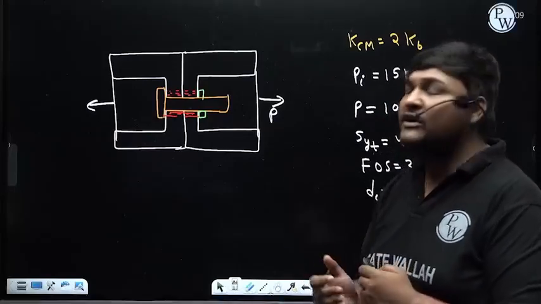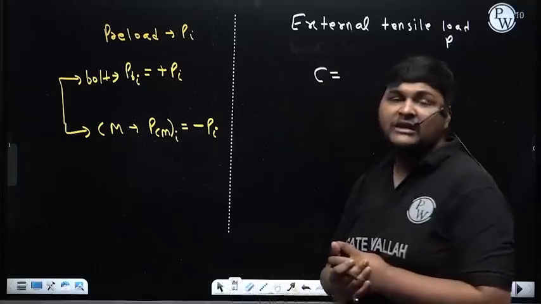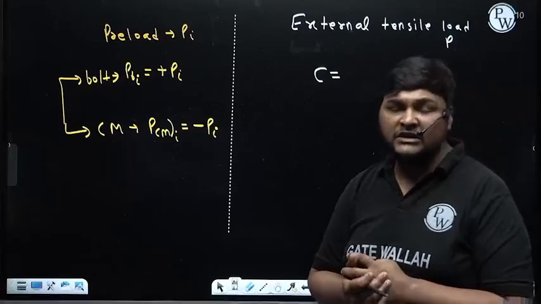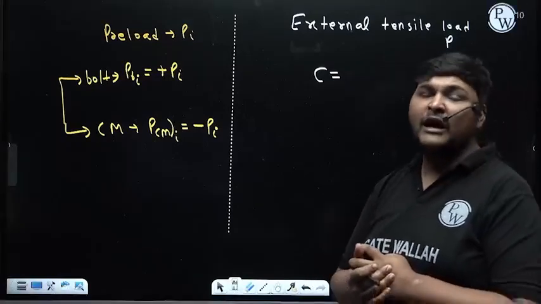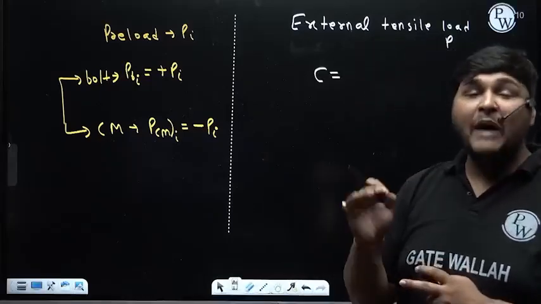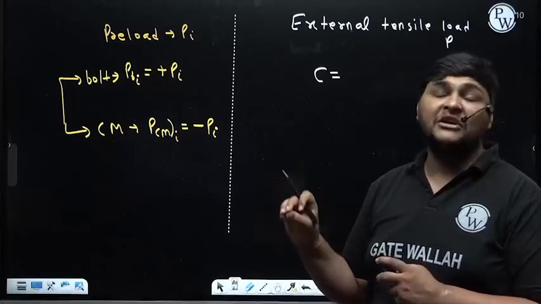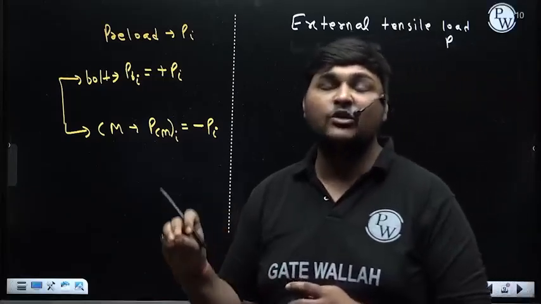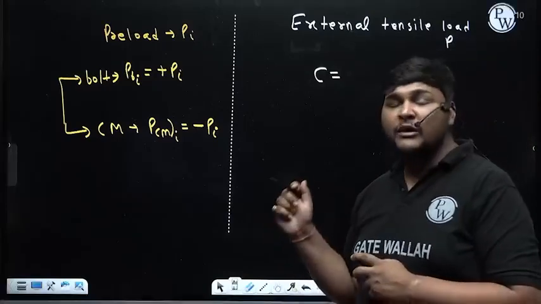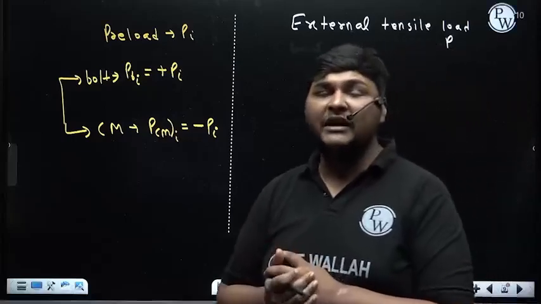But to calculate that, we first need to calculate one factor known as the stiffness correction factor, which I am denoting as C. I already discussed that if an external tensile load is acting in the bolted assembly with preload, then one part of this load P will be shared by the bolt and the rest will be shared by the connecting member.